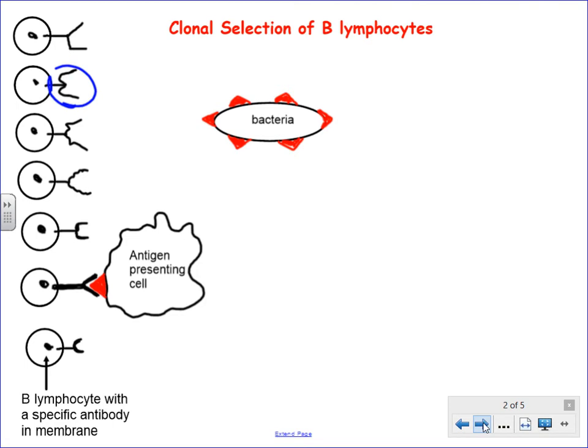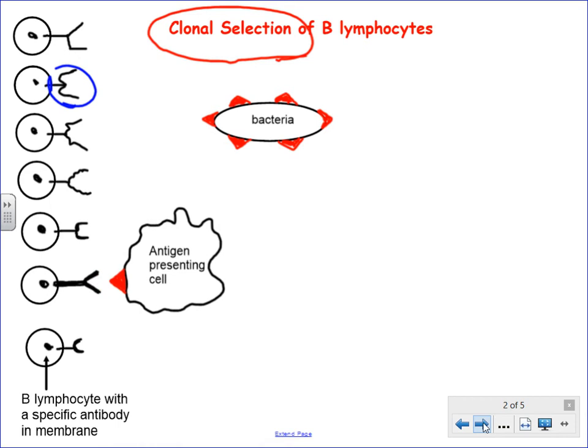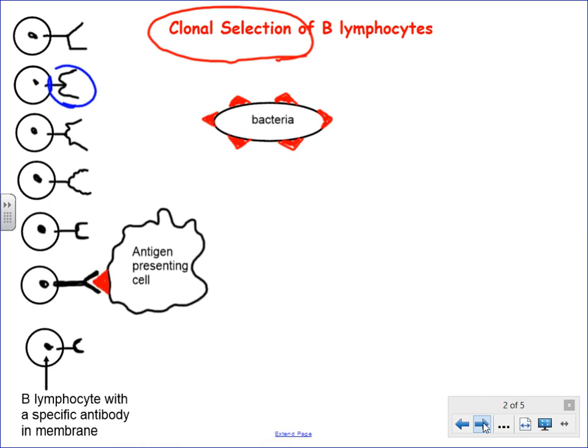And it's because this one has been selected, we call that clonal selection. That one B lymphocyte has been clonally selected, only because this antigen presenting cell has joined to the antibody with the antigen.